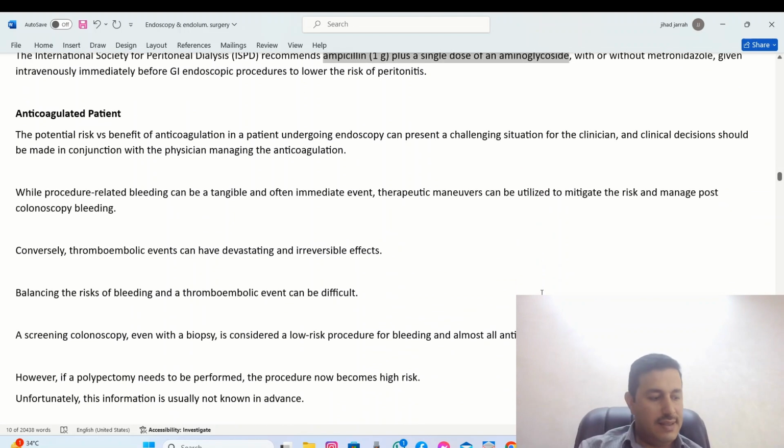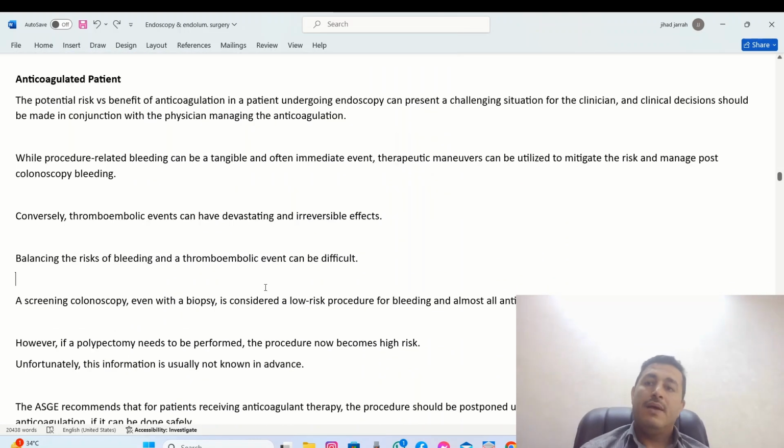Anticoagulation. Anticoagulated patient. The decision to proceed with colonoscopy, or to withhold the anticoagulation, or to delay the colonoscopy is difficult and should be discussed with the physician who is managing the anticoagulation.